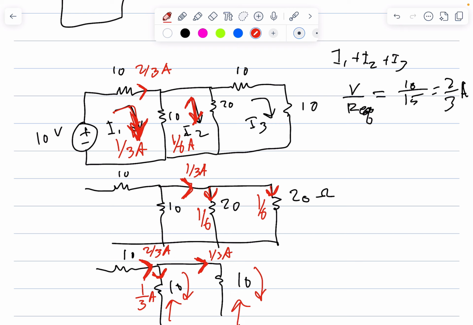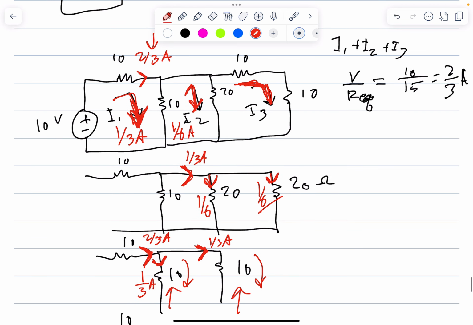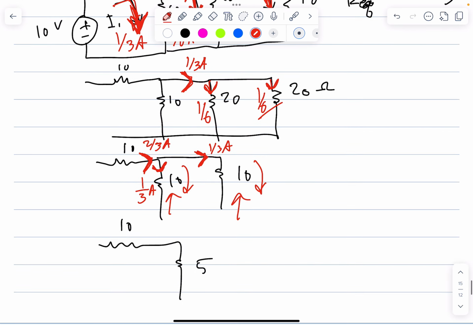And I3 is just the remaining 1/6 of an amp, right? So you have a starting current total, you know it's 2/3 of an amp. And now you know that I1 is 1/3, I2 is 1/6, I3 is 1/6. And if you sum those up, you'll get 2/3. Okay.